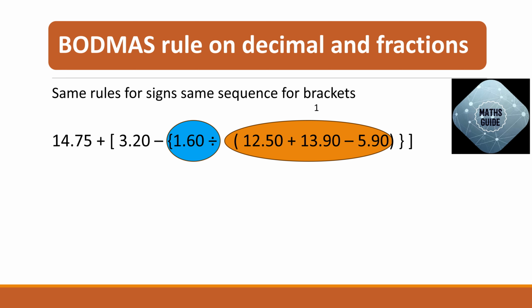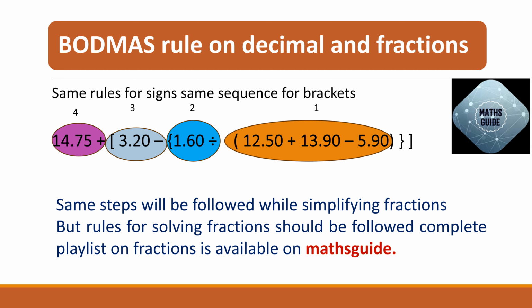Then we will solve the braces, after this square brackets, and then we will be having our final answer. Same steps will be followed while simplifying fractions. But in solving fractions, we must be very careful regarding the rules of fractions also.